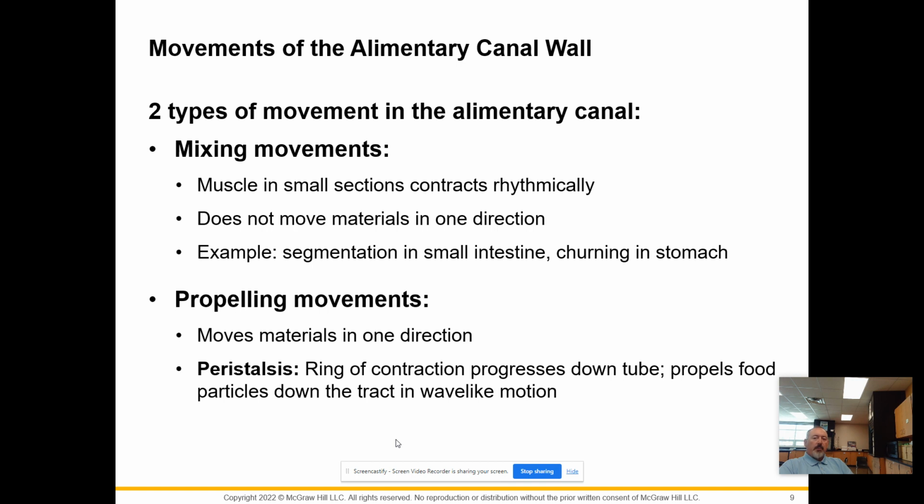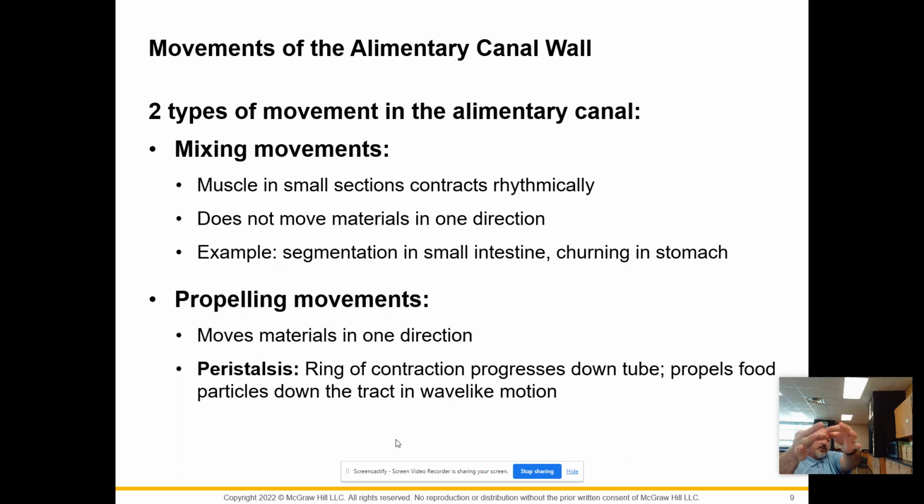The propelling movements. This is where we are moving things in a directional way, and that process is called peristalsis. If you took a long balloon, like what clowns tie, and put a marble in the balloon, and your goal was to move the marble to the other end, you could do it by alternating the contractions of your fingers.